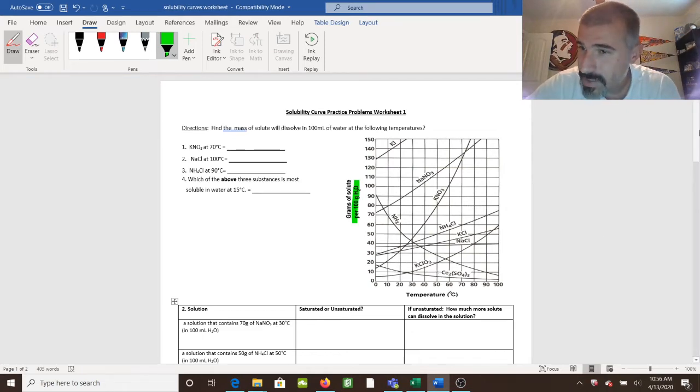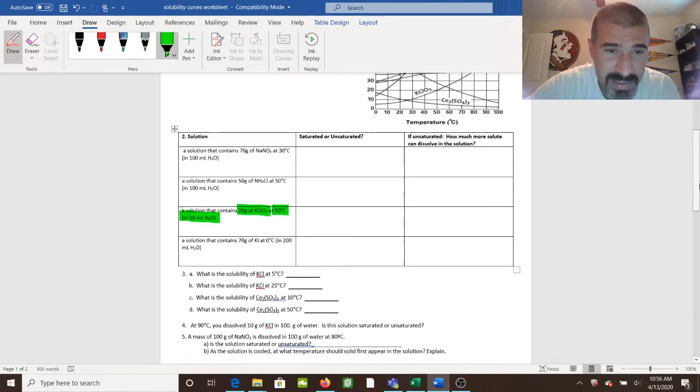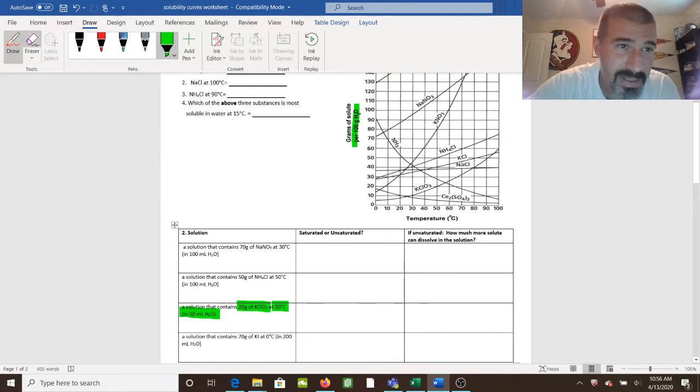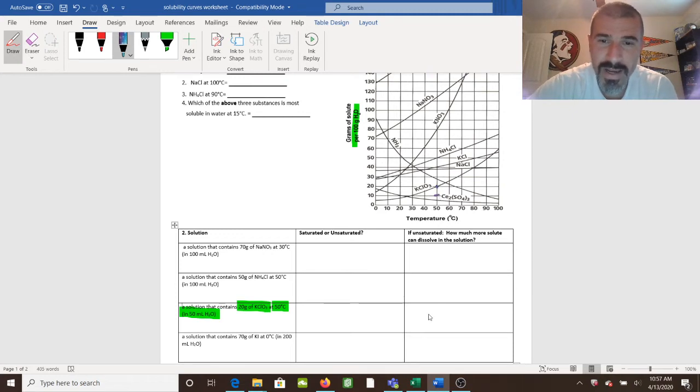So go back to our example, and it says we have 20 grams at this temperature and this volume. So that would put our data point at 20. Remember, our line should be down here. So the data point is above the line.